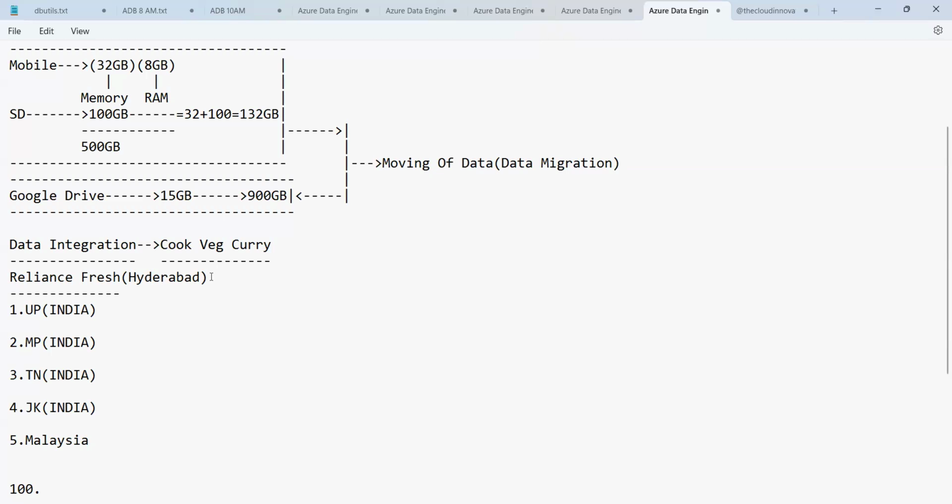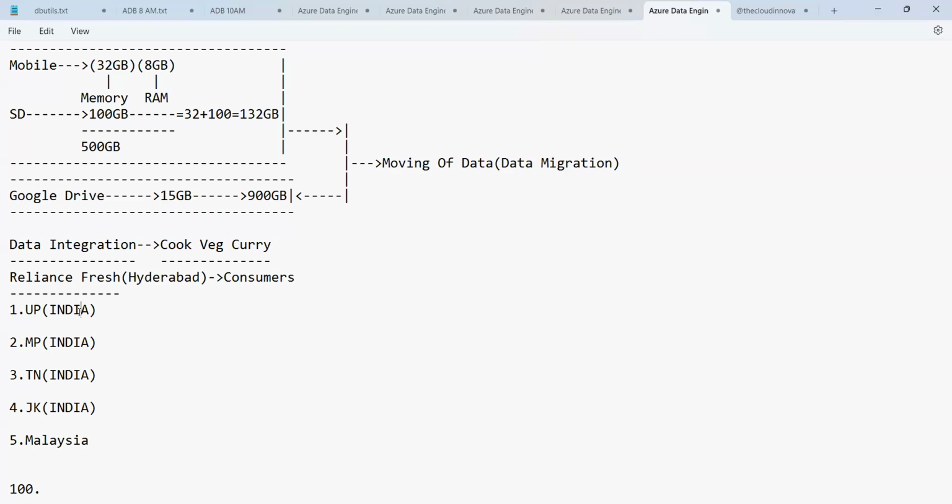That means the consumers who are in Hyderabad can go to the Reliance Fresh supermarket and buy vegetables which are imported from various locations of India as well as various locations of other countries.